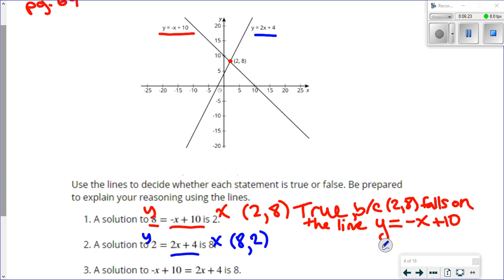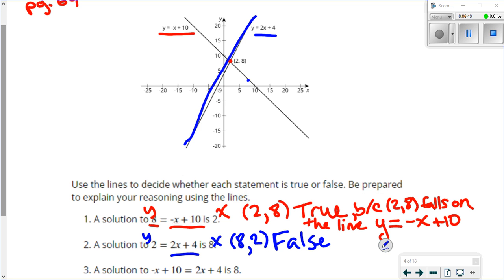Now again, we're referring to the other line over here, the blue line, I just drew it. If I go right 8 and up 2, am I on the blue line? No, I am not. I'm actually on the first line, the red line. So, is (8, 2) a solution to y equals 2x plus 4? That is in fact false.